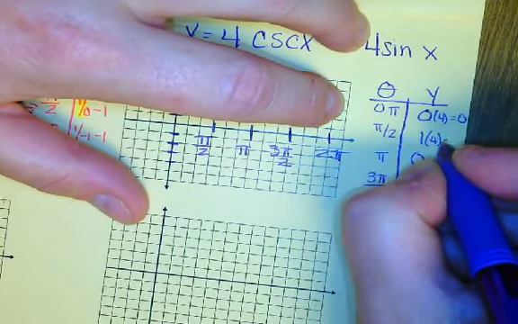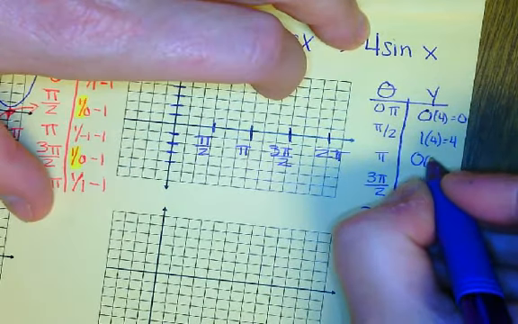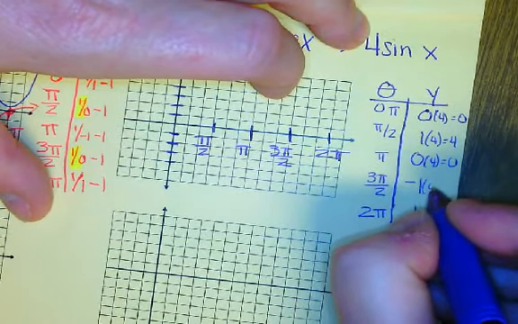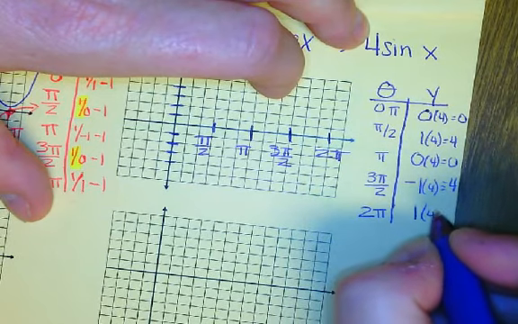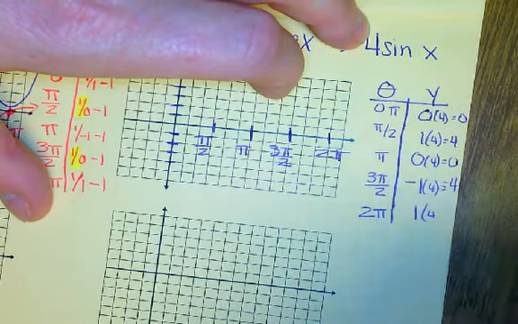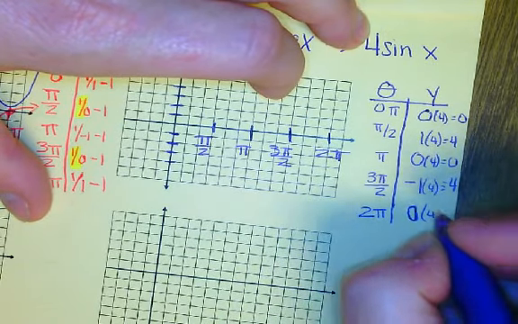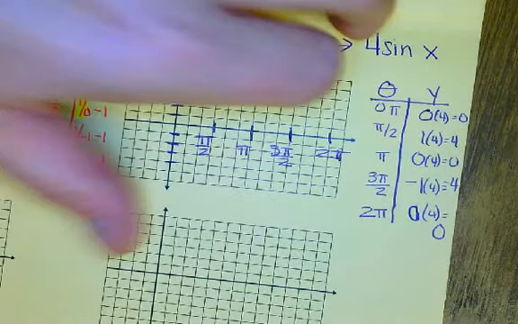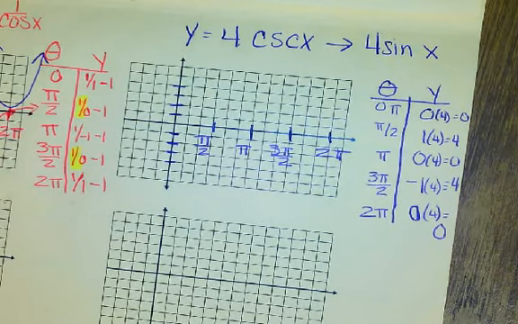Multiply that by 4, I get 4. Multiply this by 4, I get 0. Multiply this by 4, I get negative 4. Multiply that by 4. That should be a 0. And then that should be 0. Okay, so make sure you get that down.